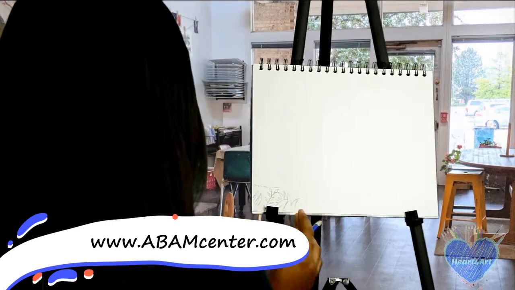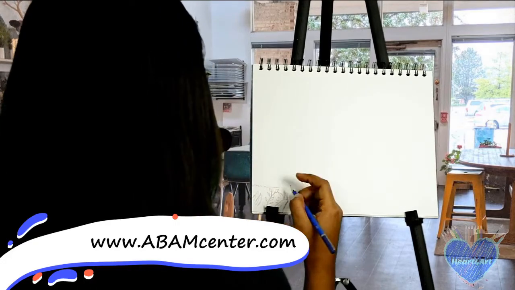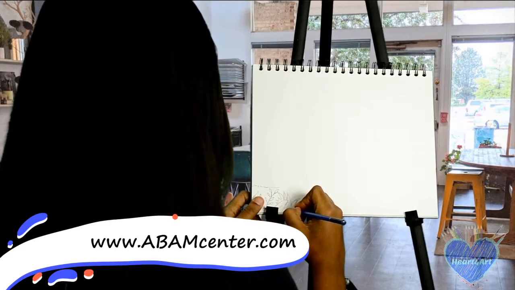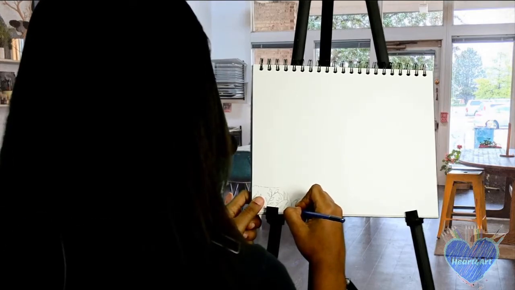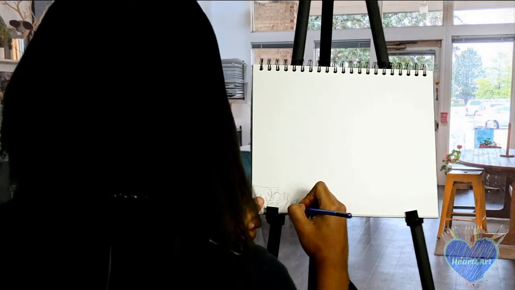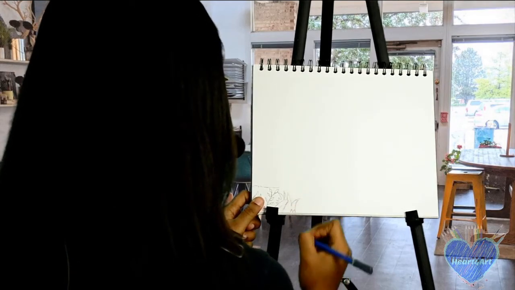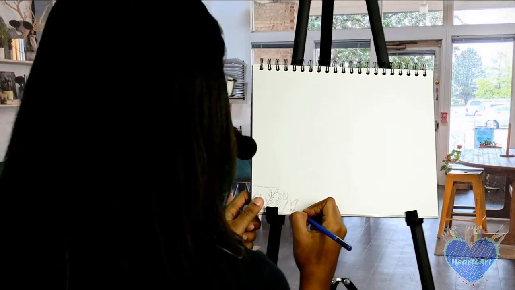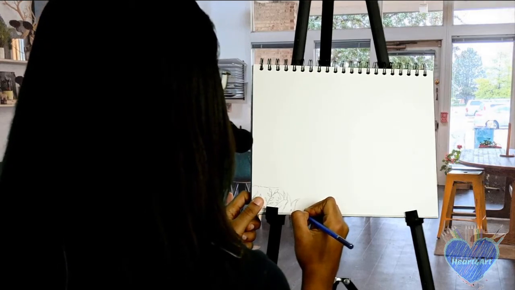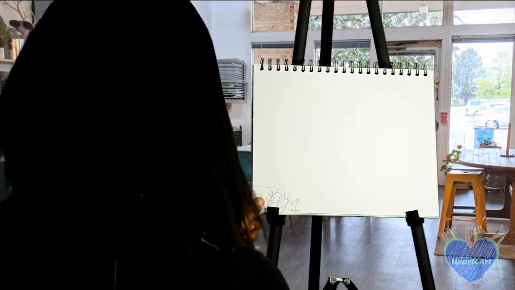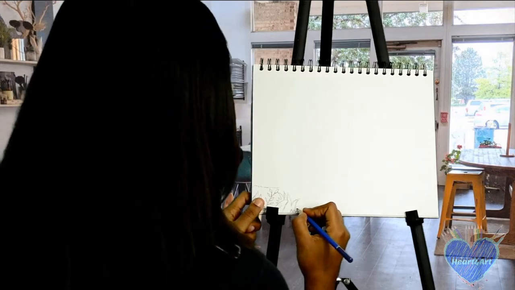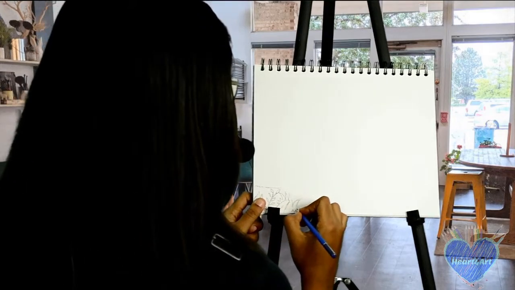And down here on the bottom, you can see there's another slight plant, like the beginning of a bush right here. So I'm going to draw that here at the bottom. Okay. And then we're going to come right here beside it and draw the shrub or the bush right there.